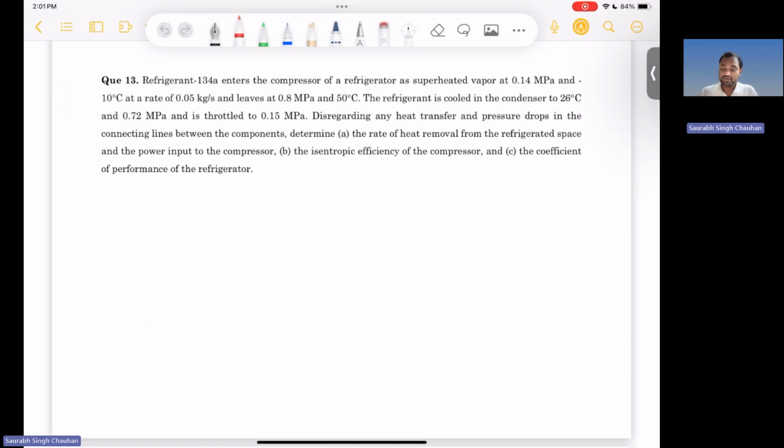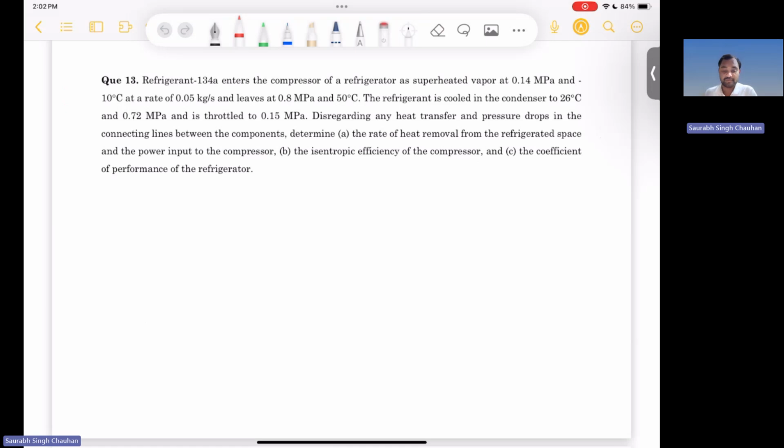The refrigerant is cooled in the condenser to 26 degrees Celsius and 0.72 megapascal and throttled to 0.15 MPa.